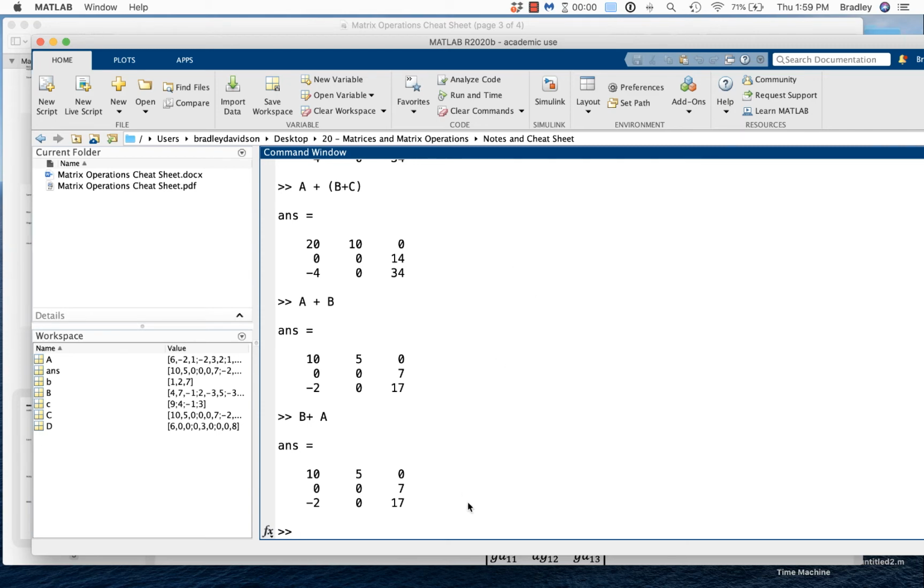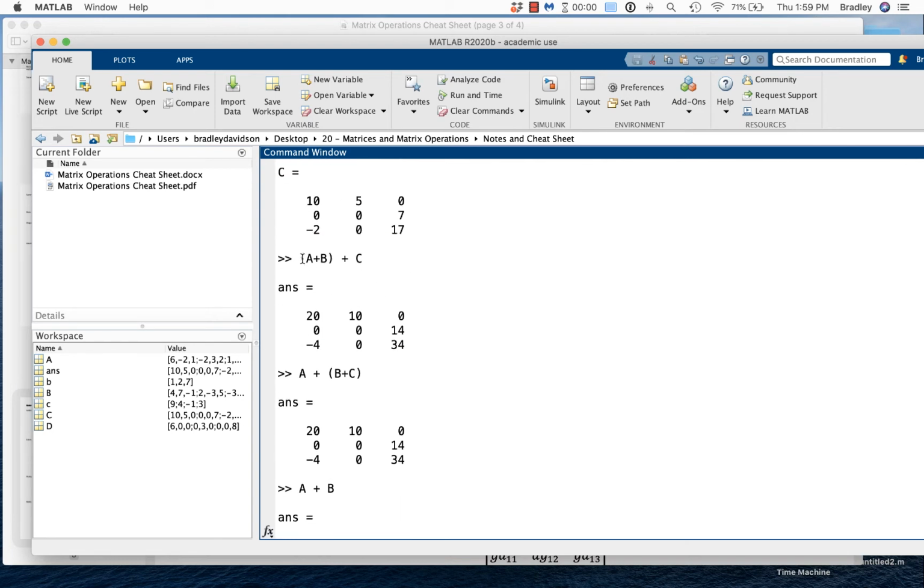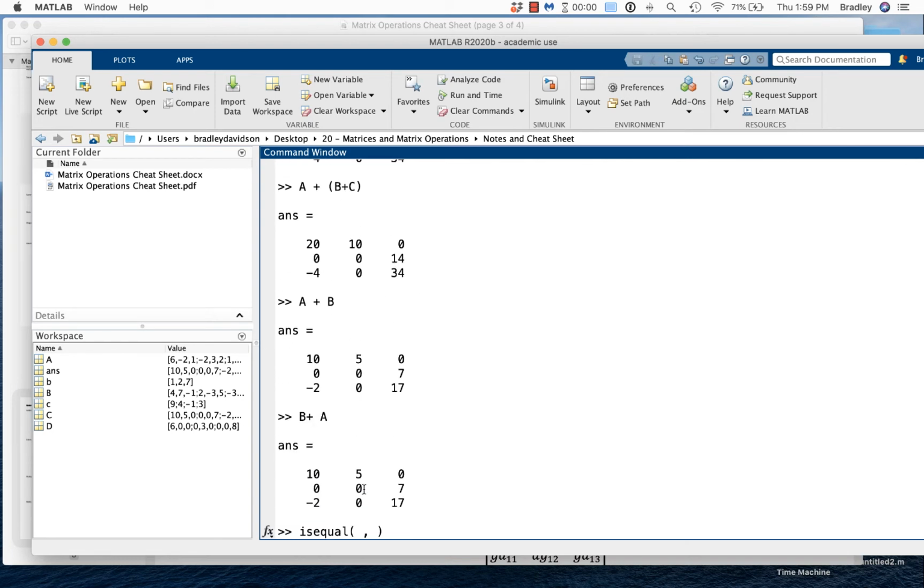A slightly more sophisticated way to do this is using a MATLAB built-in function called isequal, where we test two expressions placed on the left-hand side and right-hand side of the comma. We can go back to our associative property and say, is (A plus B) plus C equal to A plus (B plus C)?